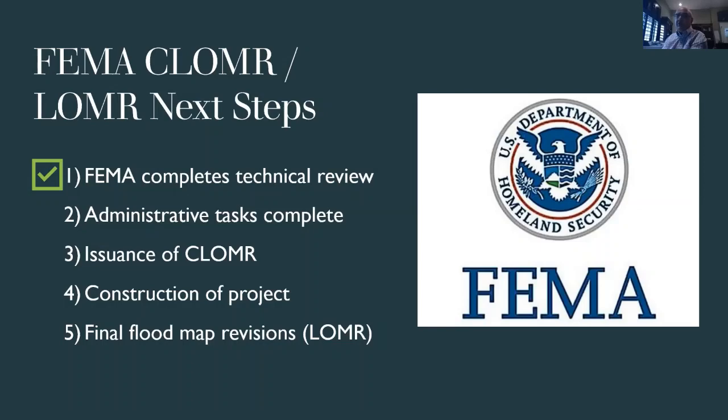They put their sign and seal, and FEMA reviews the LOMAR, revises the map, and issues a letter, and it goes through the 90-day appeal period. When it's done, the map is changed, and whoever has flood insurance can always go to the lender and say, we are out of the floodplain.